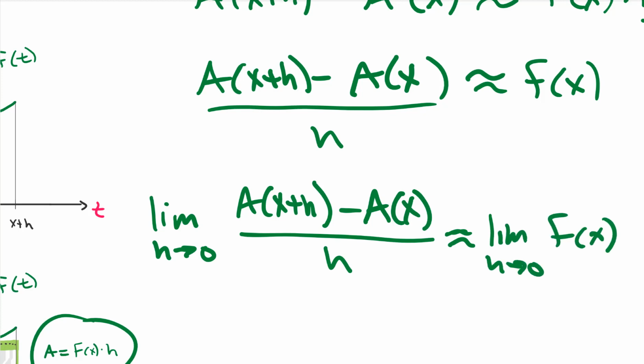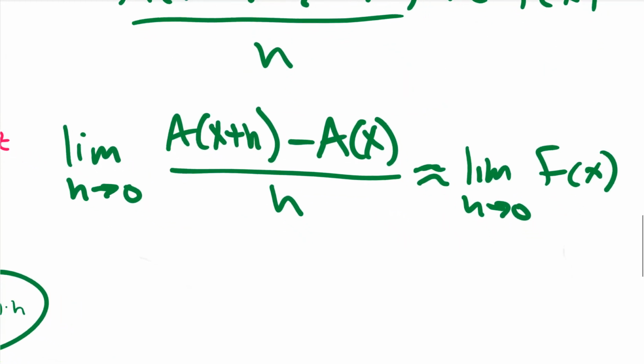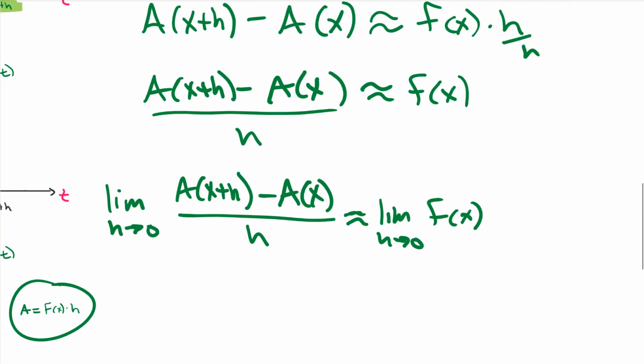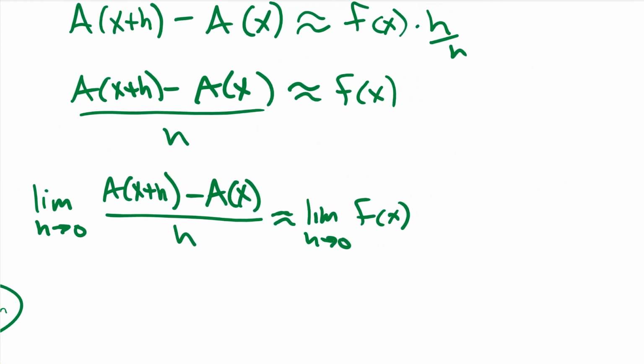I don't know what f of x has to do with h. I really don't think there's much that has to do with each other. So I think we can probably just call this f of x. And after we take this limit, we can say that this is equal, if we take the limit as h tends towards 0. And what is this? If you don't recognize this, usually we had f of x plus h minus f of x all over h. That was 2.7 and 2.8 from your old text.